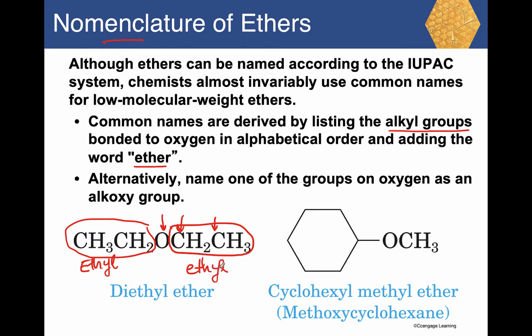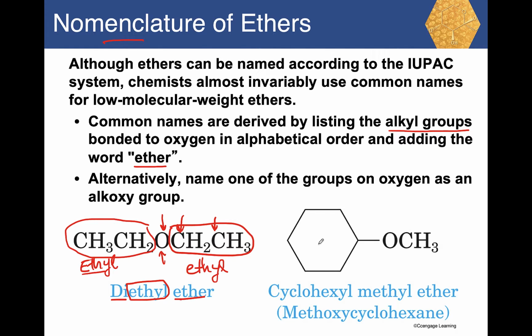Because we learned that hydrocarbons that have two carbons are named as ethane. And of course, if it's a part of a naming system, it becomes ethyl. So the name of this ether now becomes diethyl, and the word ether is added. So fairly simple. Just identify the groups bonded to the oxygen.